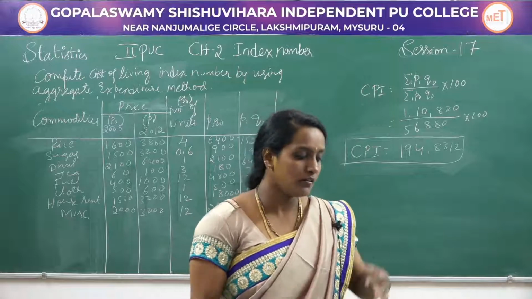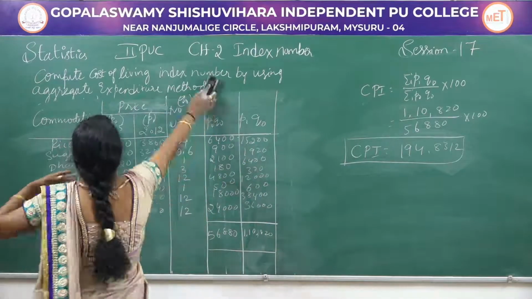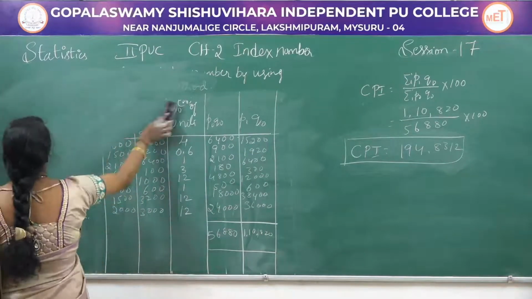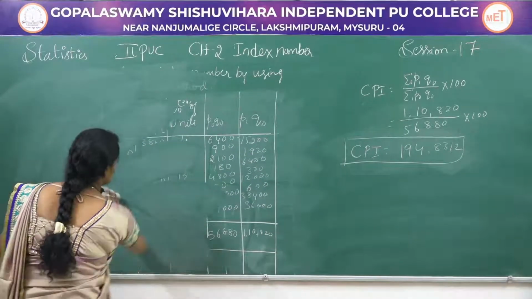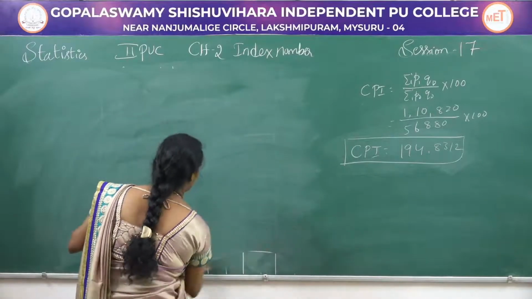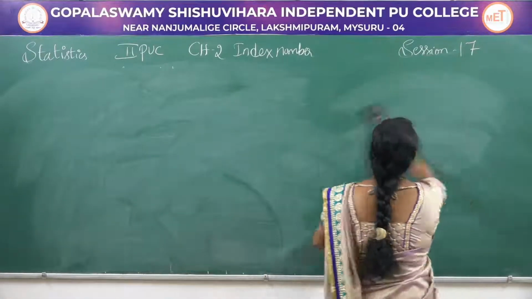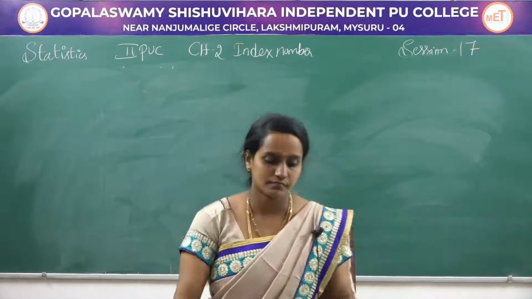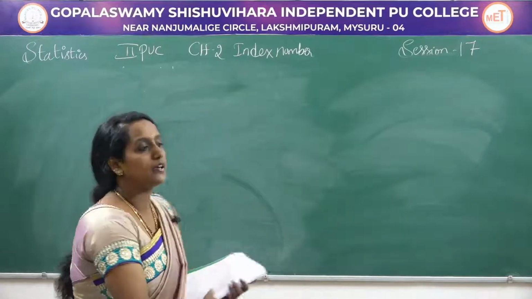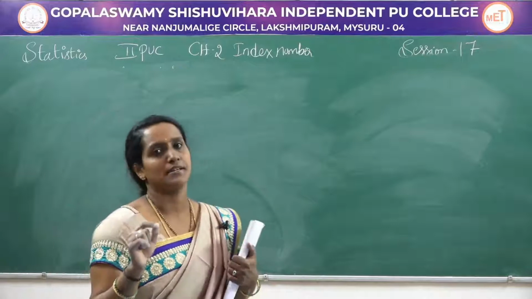Next we will go for another method, another formula for the cost of living index number. Next we will use another formula, that is the price relative method formula.